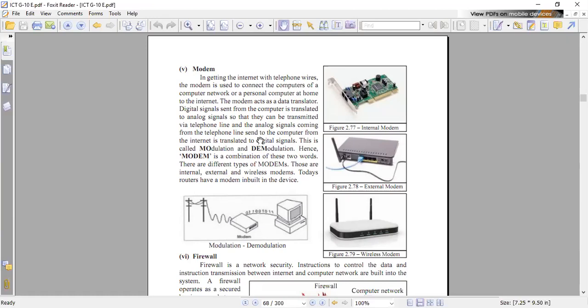Digital to analog conversion is known as modulation.